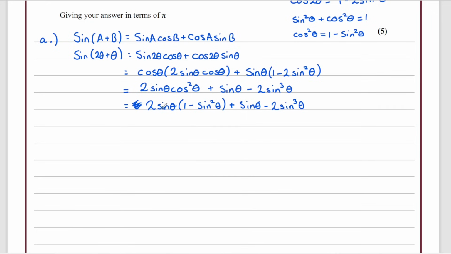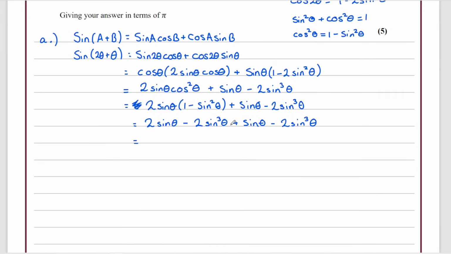Okay. So now if we expand this final bracket here, we've got 2 sine theta times 1. That gives me 2 sine theta. We've then got 2 sine theta times minus sine squared theta. So that gives me minus 2 sine cubed theta. Then we've still got these terms here. So plus sine theta. And then finally minus 2 sine cubed theta. Okay. Then to finish with here, we just collect like terms.